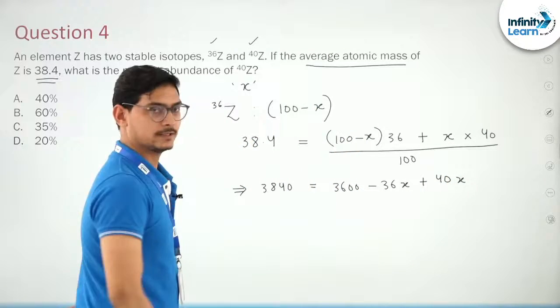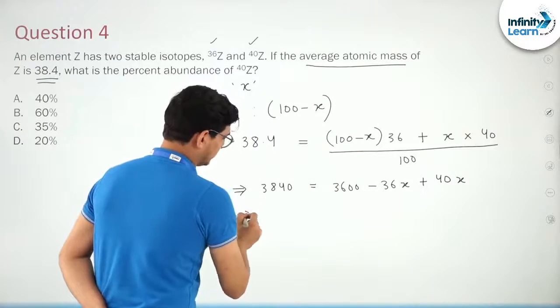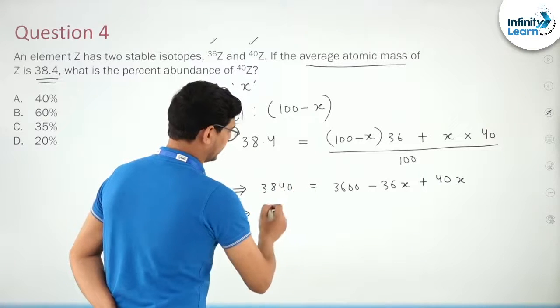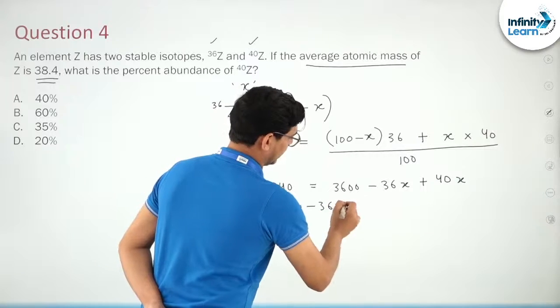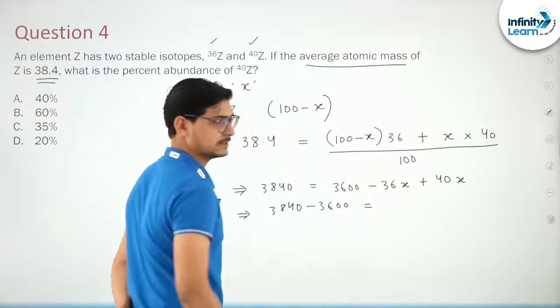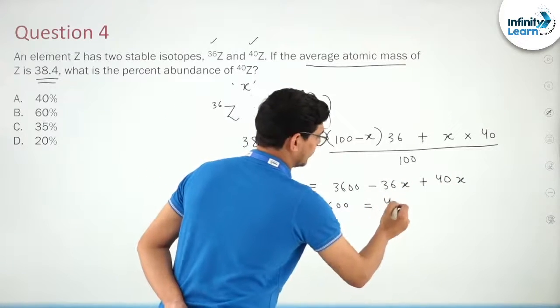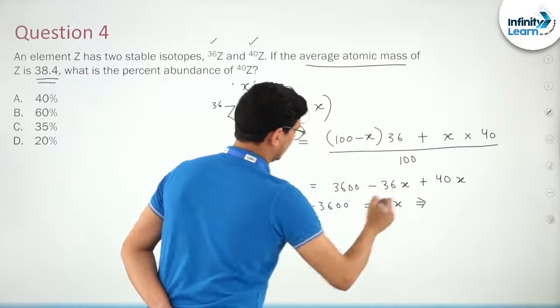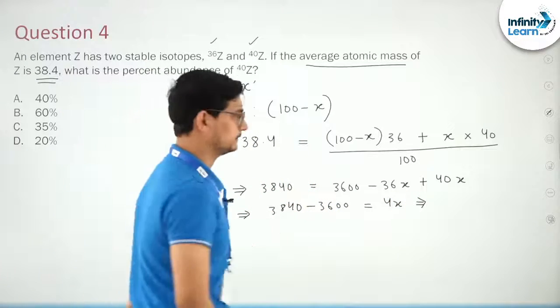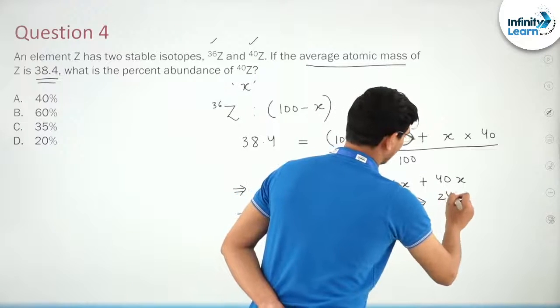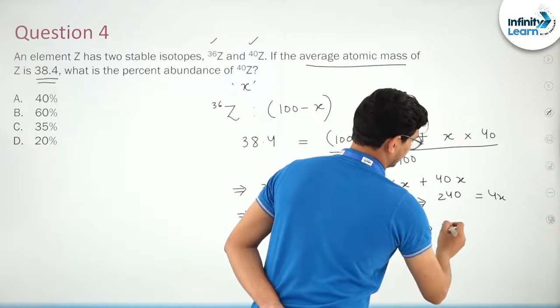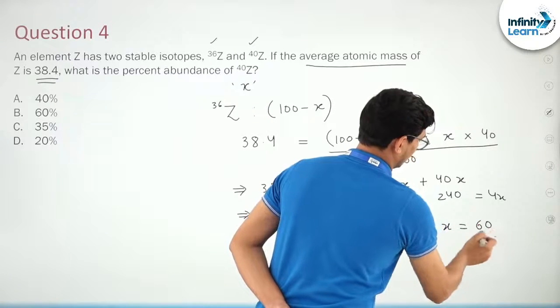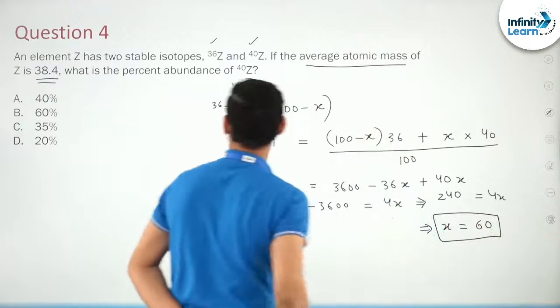Alright, this can alternatively be written as 3840 minus 3600, and it is how much? 40x minus 36x is 4x. This is how much? 240 is equal to 4x, so x is equal to 60. That is your answer.